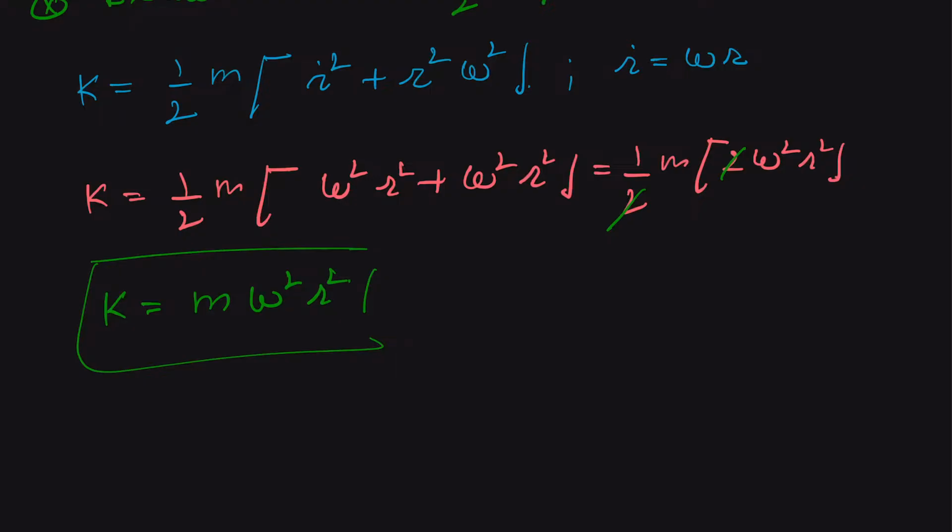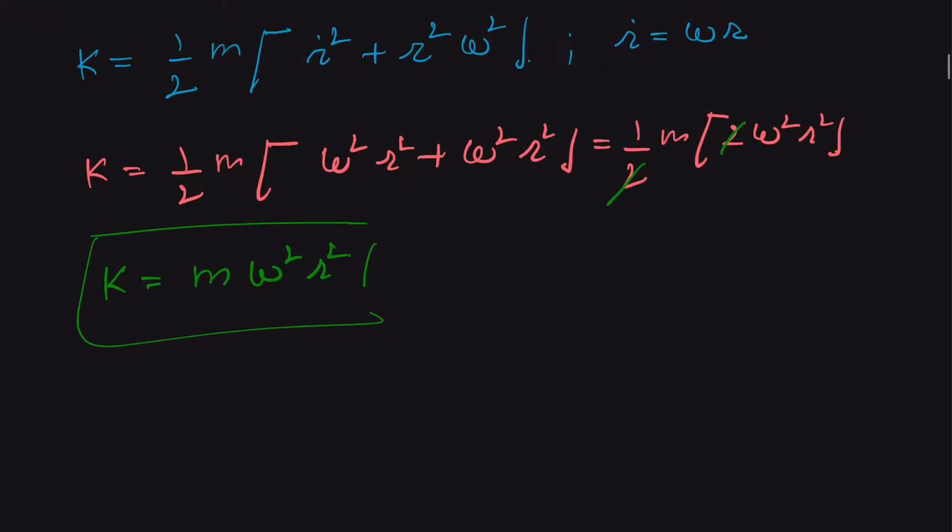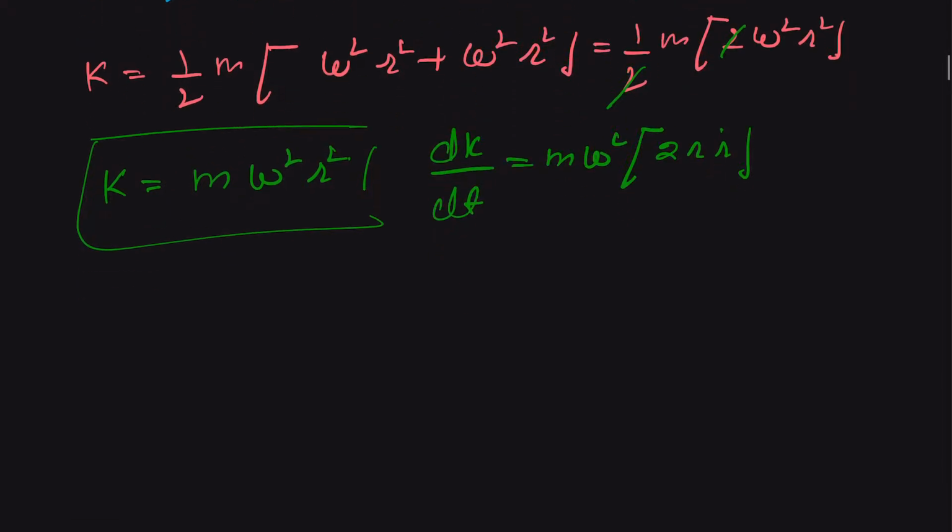and we are going to differentiate with respect to time, so we get dK upon dt will be equal to m omega square, and this comes as twice of r, and we have this as r dot, and we already know, so let me write it here.